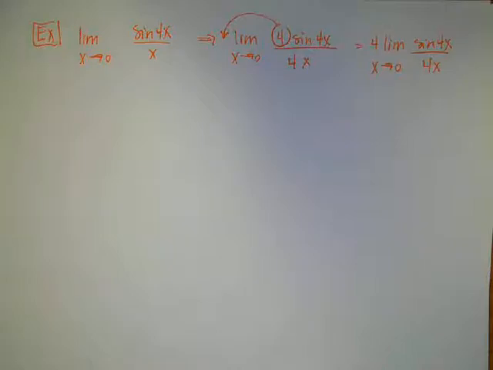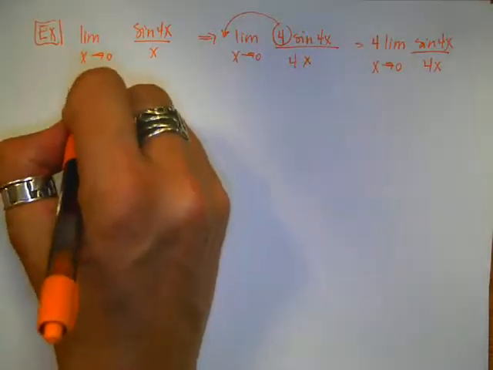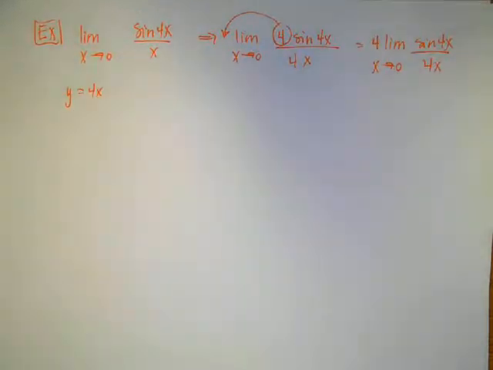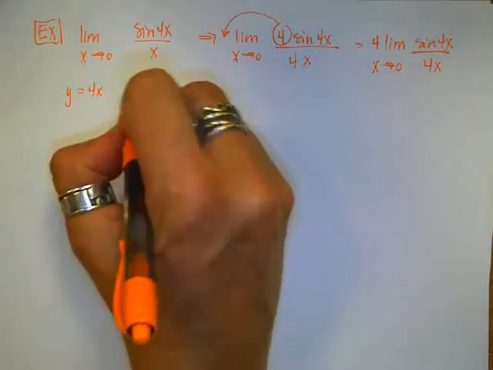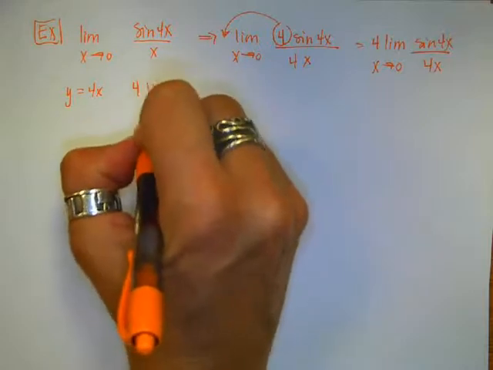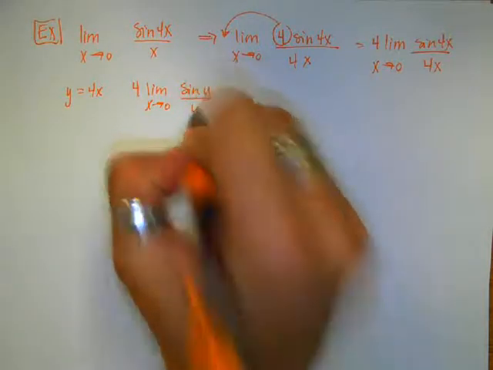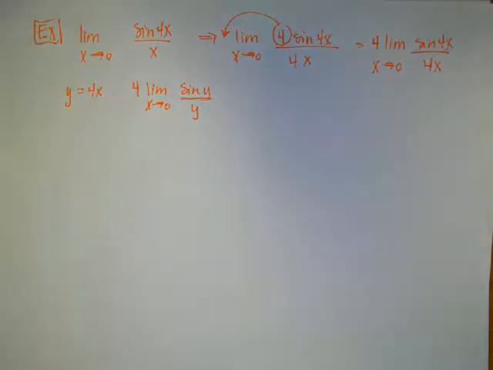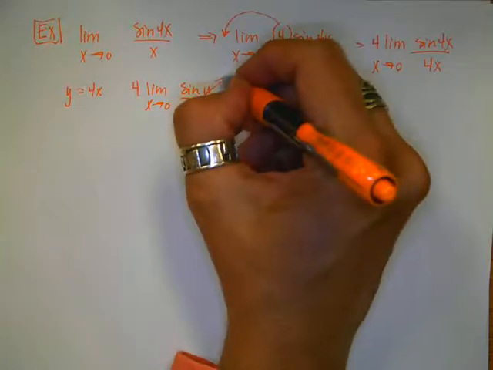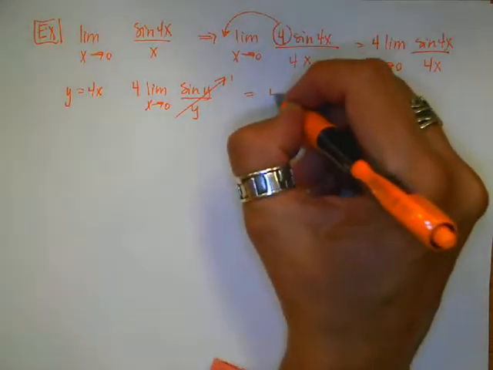So this is 4 times the limit as x approaches 0 of the sine of y over y. It's almost like u-substitution, but not really. Well, we know that this goes to 1, so the limit is 4 times 1, which is 4. So the limit as x approaches 0 of my function is 4. So that was actually fairly polite.